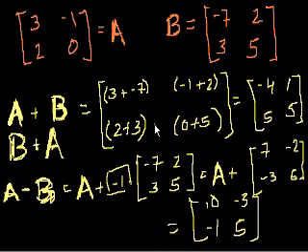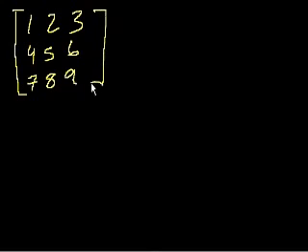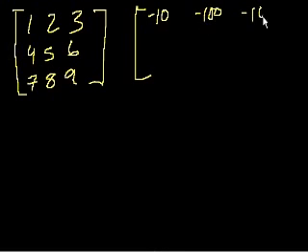And so by this definition of matrix addition, what do we know? Well, we know that both matrices have to be the same size, by the way we're adding. So for example, you could add these two matrices. You could add, I don't know, 1, 2, 3, 4, 5, 6, 7, 8, 9 to this matrix, to, I don't know, minus 10, minus 100, minus 1000.